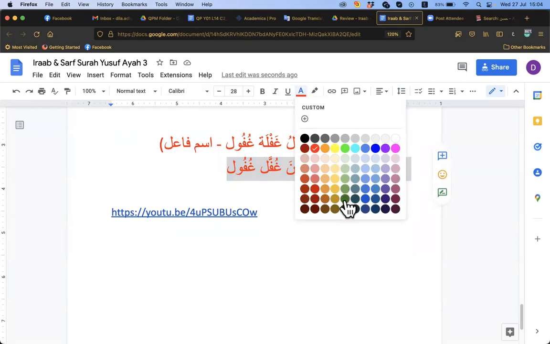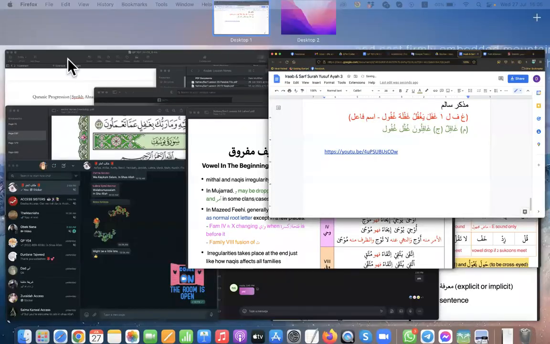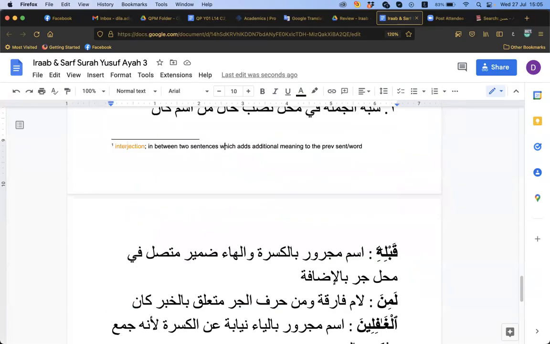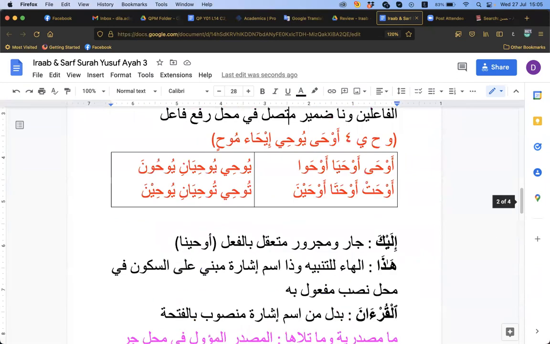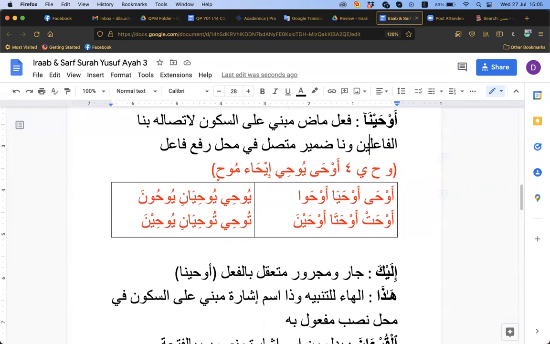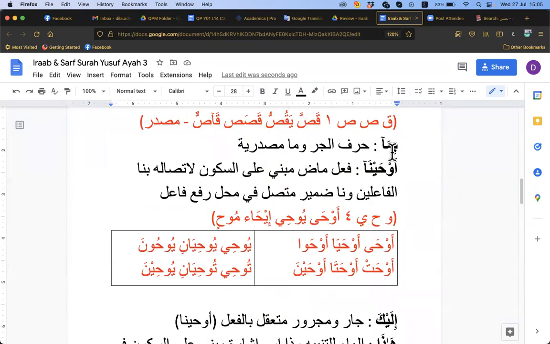Now, let's go to lafif. Because that day we have the word awhayna, right? So waw in front and ya at the back. You all did say that it's like having misal and nakis together, right? Okay.